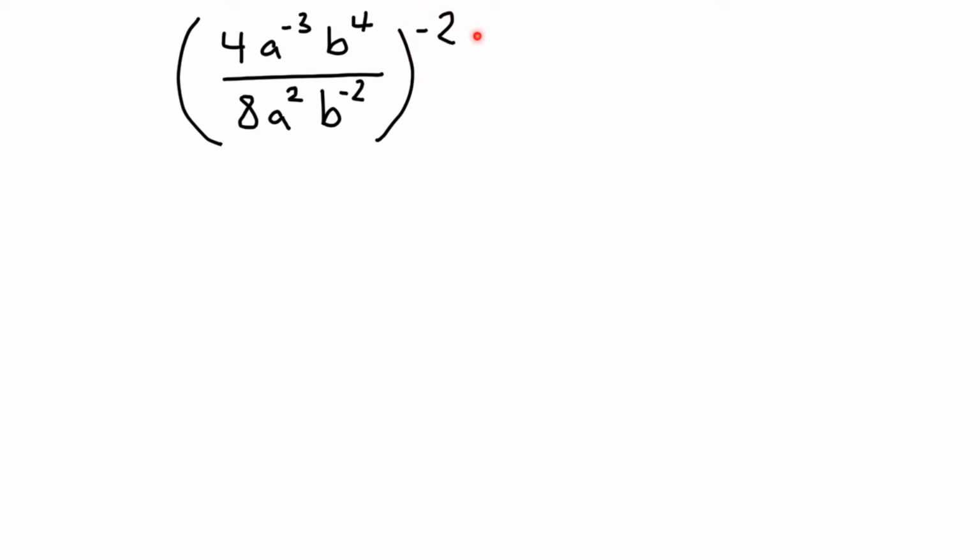Now, the first thing I'm going to deal with is this negative 2 exponent that applies to everything. You're going to look at that at first and be like, I'm not sure what I'm going to do with that, but we know we can actually simplify this by turning it into positive just by making everything it's applied to an inverse.